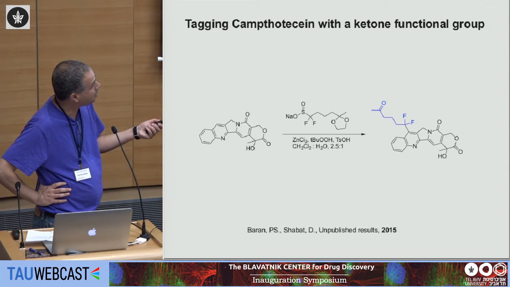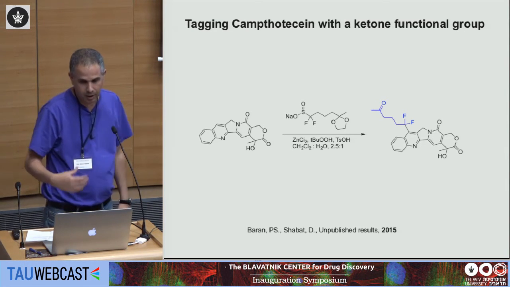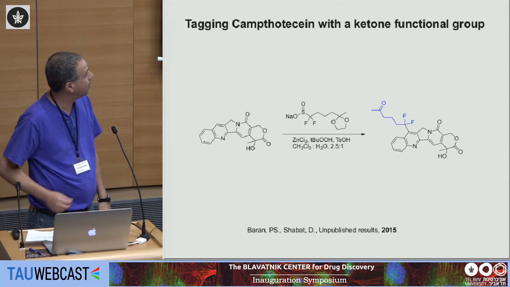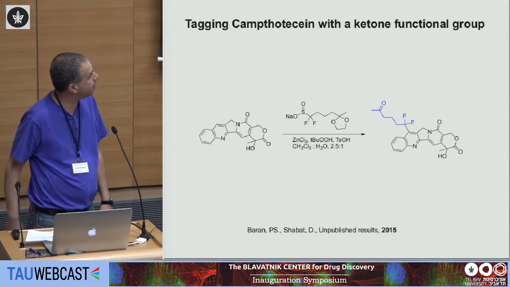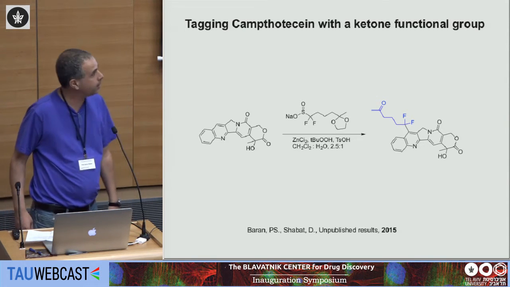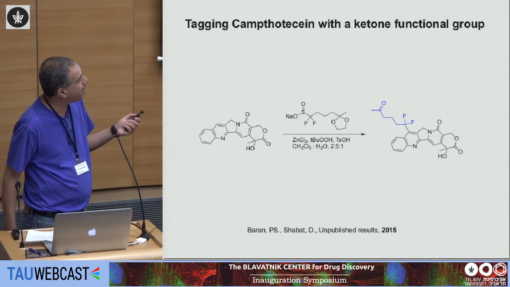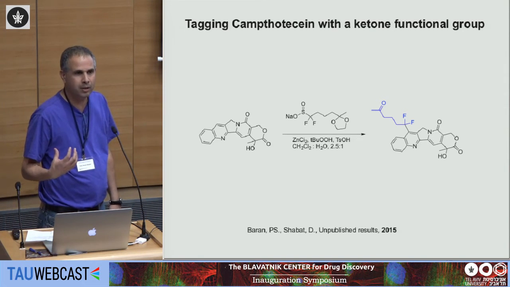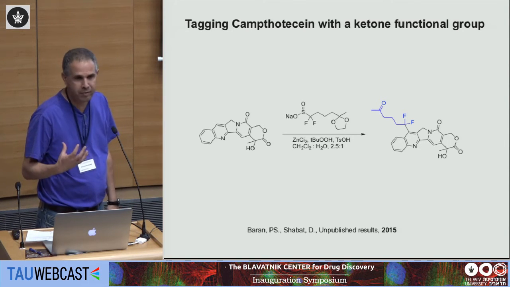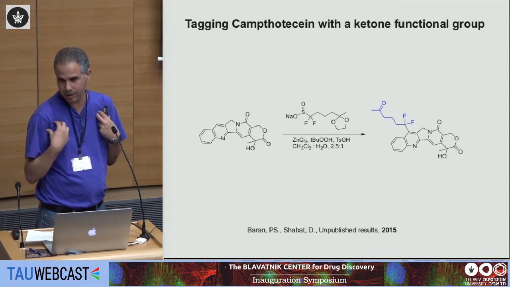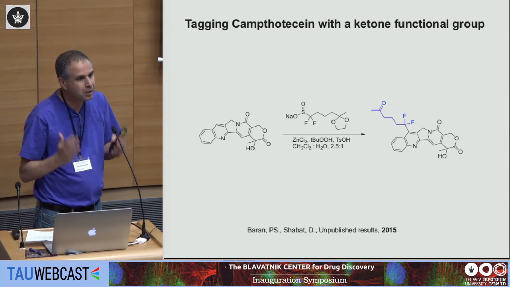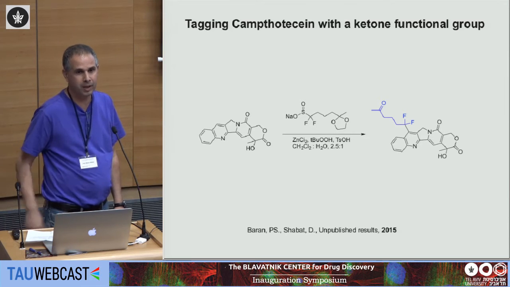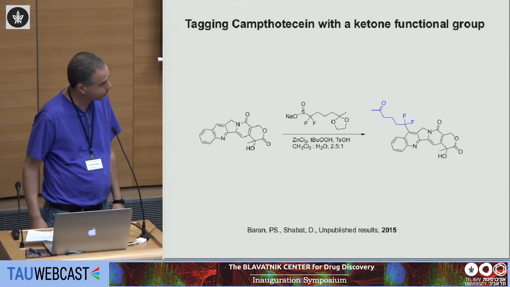The functional group that we introduce is a ketone. A ketone can be used for a drug delivery system through a couple of approaches, either acid-labile release linkers or photolabile release linkers. We had a hunch that it could work with a ketone because it has what I call a relatively innocent behavior. Innocent behavior, this is my definition, means that it will not interfere too much with the parent activity of the original drug.